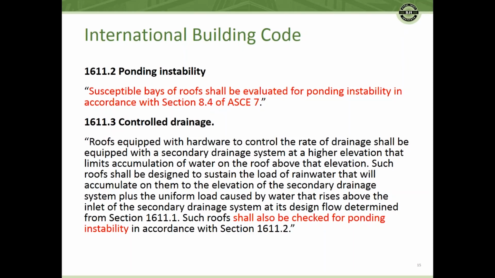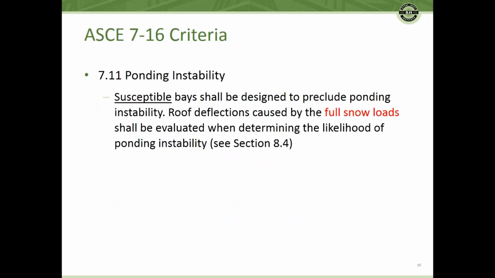I guess this is a key point. You need to make sure what's going on with the person designing the scuppers and the secondary drainage system. Now, ASCE 7 says susceptible bays shall be designed to preclude ponding instability.